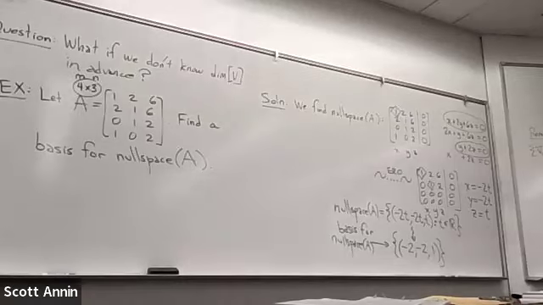And so in this case, the dimension is only 1. It is a one-dimensional subspace of R3. Let's actually write that down. So here, the dimension of the null space of A is equal to 1.